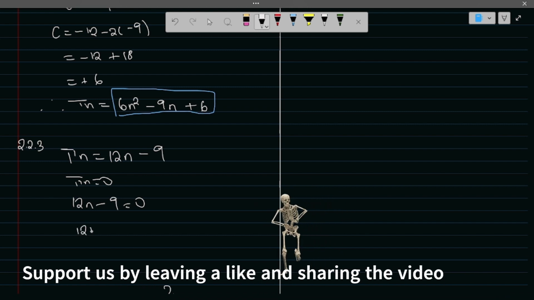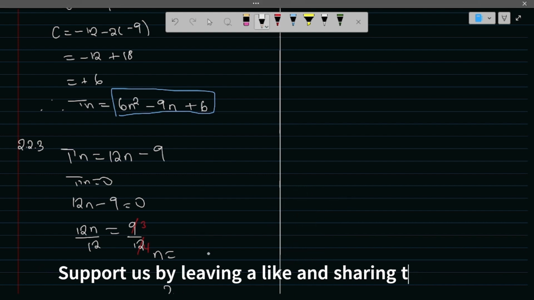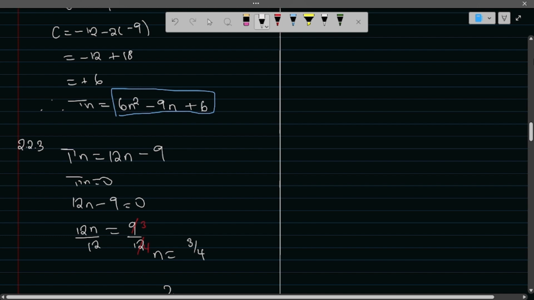So 12n is equal to 9. Divide by 12, divide by 12. So n is going to be equal to, this is 3 on 3, it's going to be 3 over 4. Right. And then you see this 3 over 4, substitute it into the original equation.